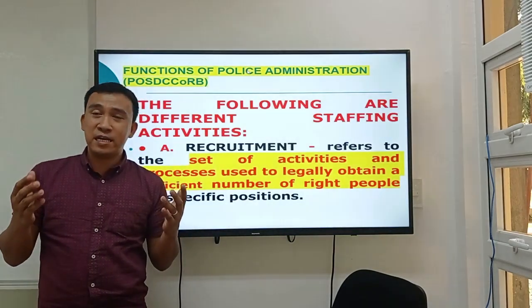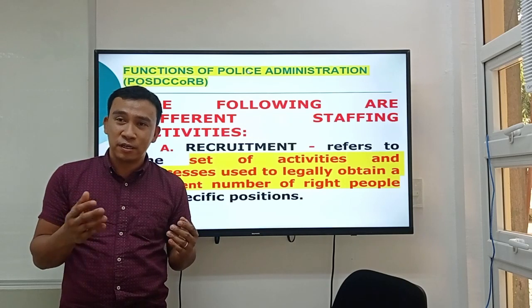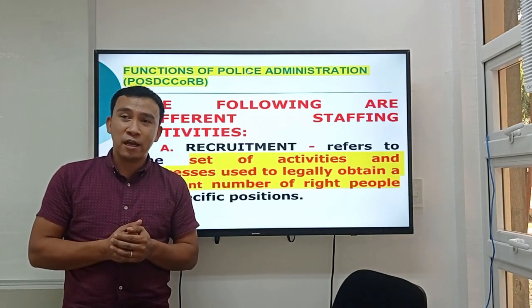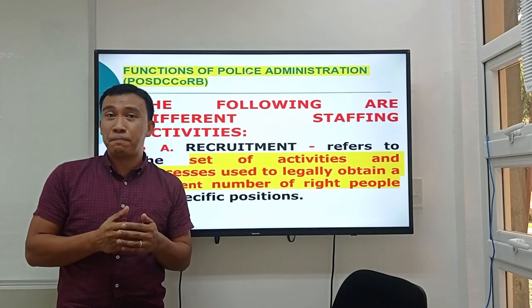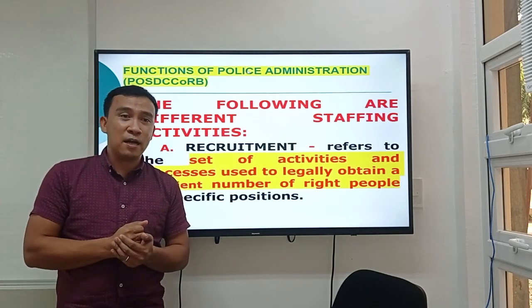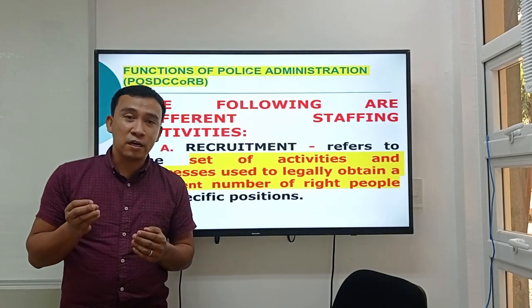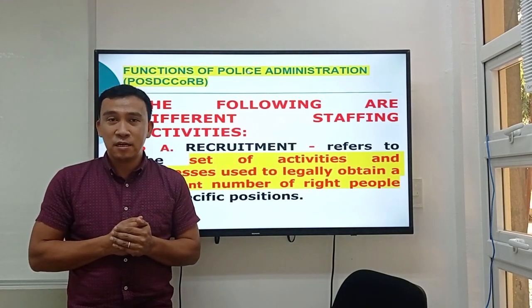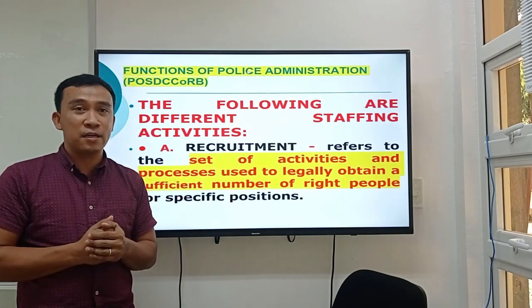So kung mahina ang way of recruitment ng isang organization, then expect na walang aplikante na mag-a-apply.